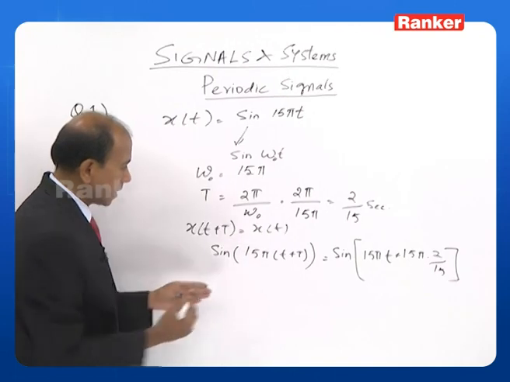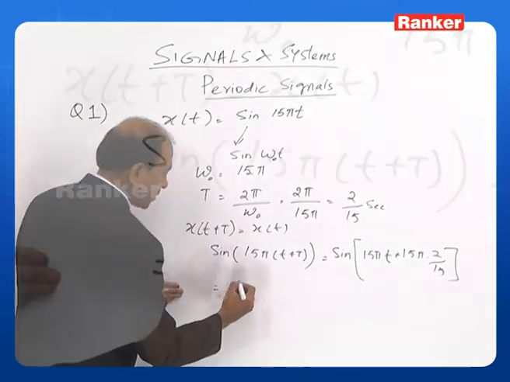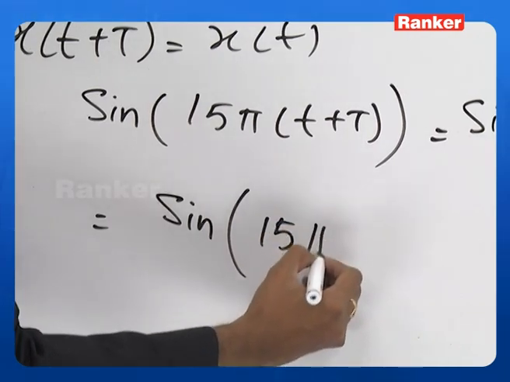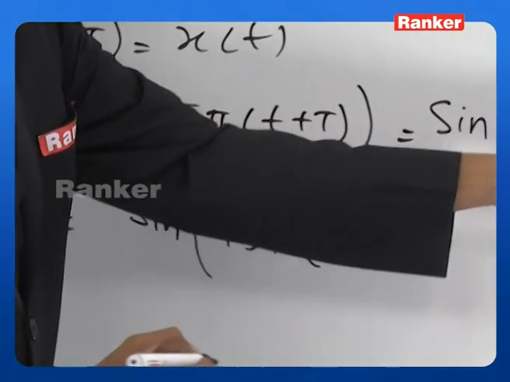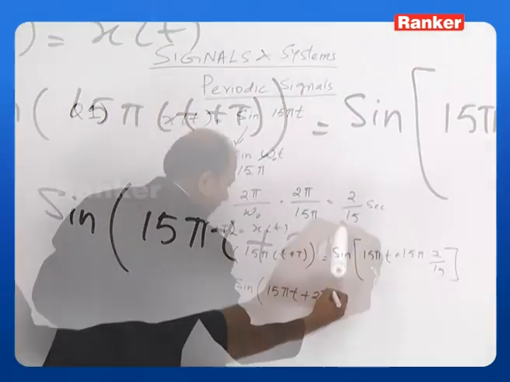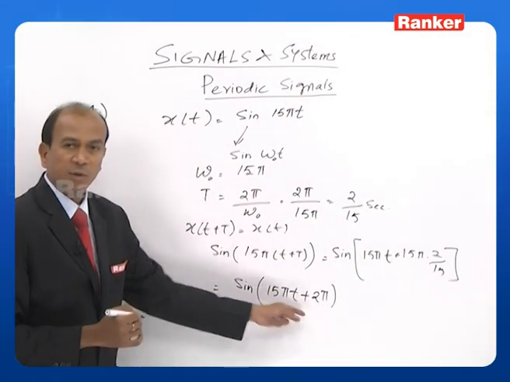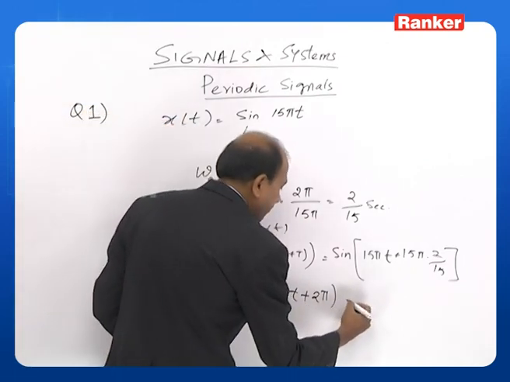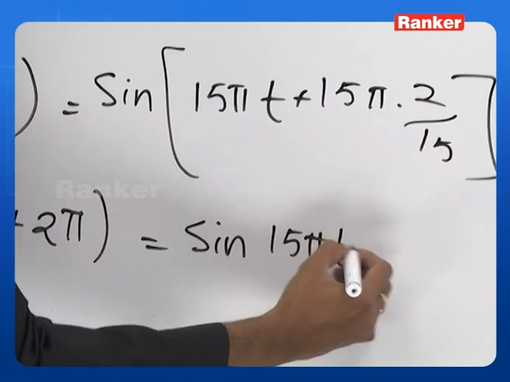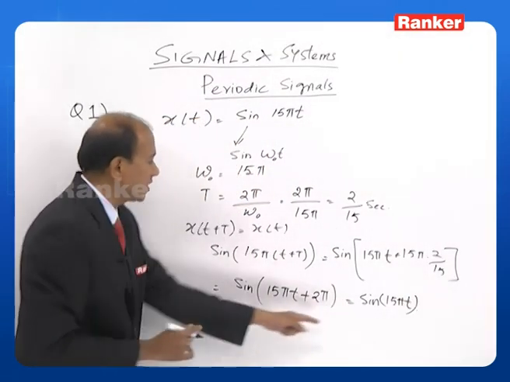So, that will be equal to how much? Sine of 15 pi t plus 15, this cancels, this will be 2 pi. Okay, from trigonometry we know that this is equal to sine of 15 pi t. What is this value?